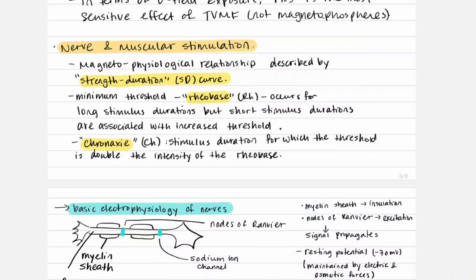The minimum threshold, or rheobase, RH for short, occurs for long stimulus durations, but short stimulus durations are associated with an increased threshold. The chronaxie, or CH, is the stimulus duration for which the threshold is double the intensity of the rheobase.